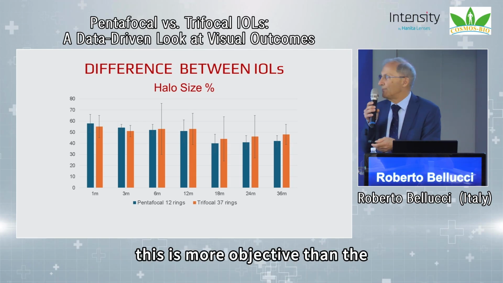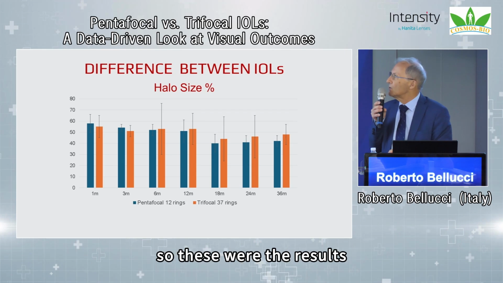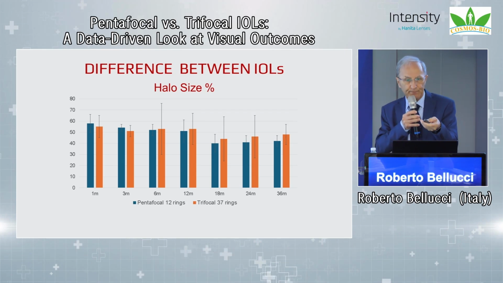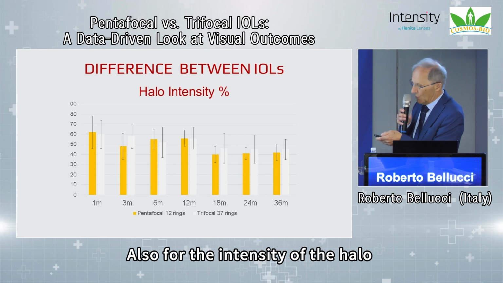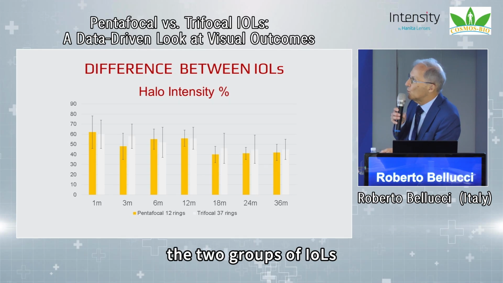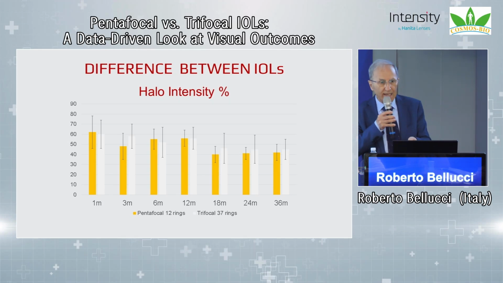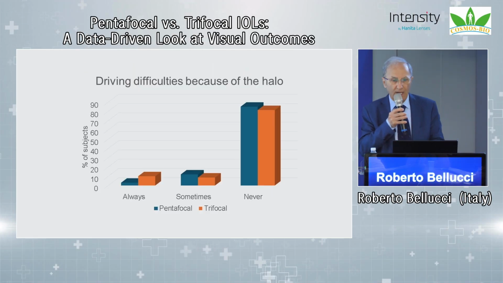So this is more objective than the symptoms of the patients, and so these were the results. Also, for the intensity of the halo, there were no huge differences between the two groups of IOL. And this is also consistent with the previous results we had.